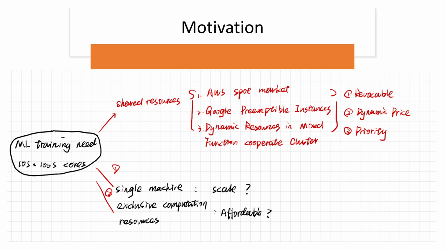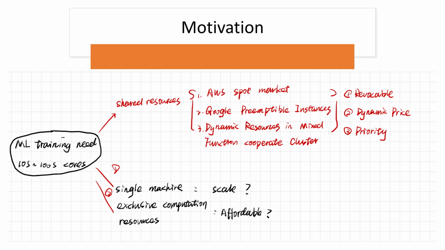This might be true for some large companies, but for individual researchers or small companies, it is not a realistic solution. So shared resources might be the only way for most people who need large-scale training but do not have these computational resources.